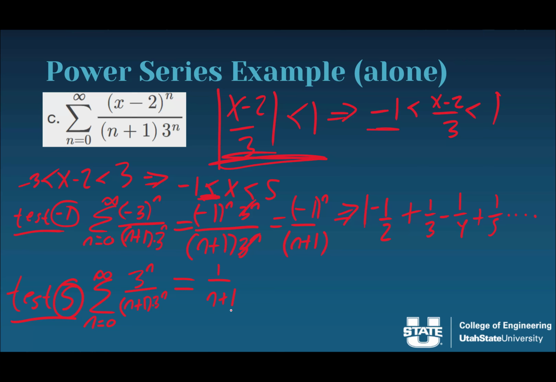What does that do? It diverges. So because this one diverges, the series converges for x greater than or equal to negative 1 and less than 5.